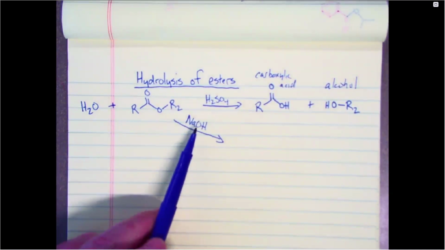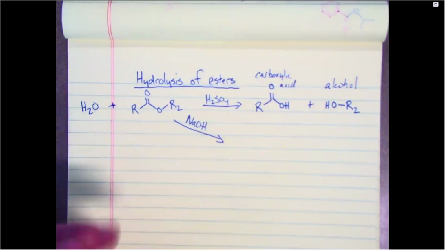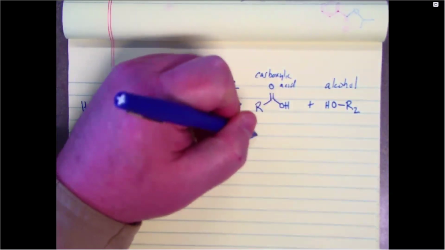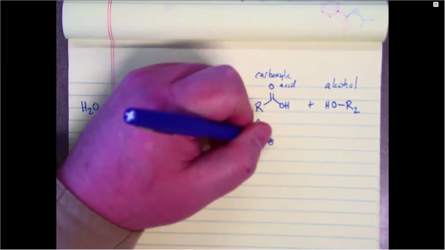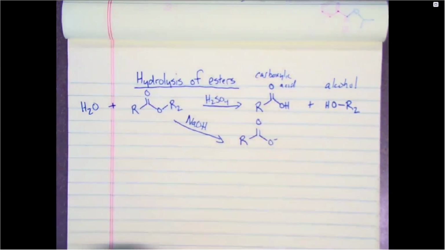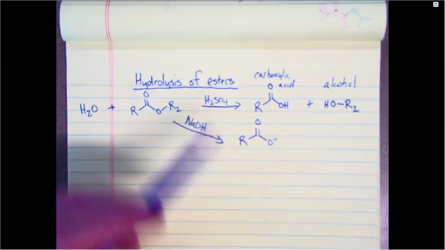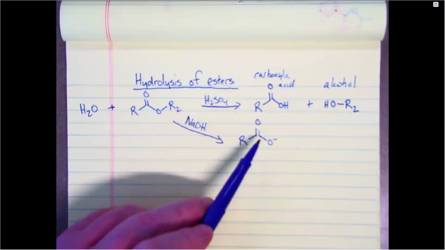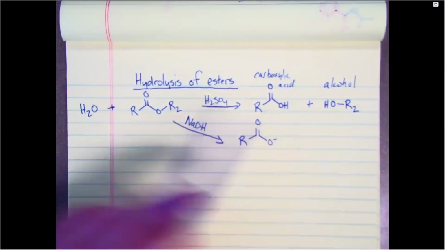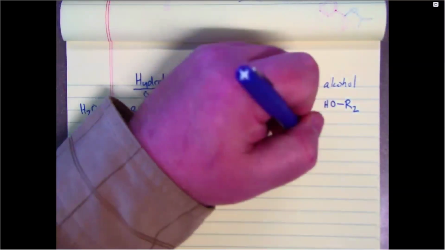But when we do this under basic conditions, the products just look a little different. Because we know that in basic conditions, carboxylic acids lose their protons. So because the base is around, our carboxylic acid doesn't have its H plus anymore when we get it back.